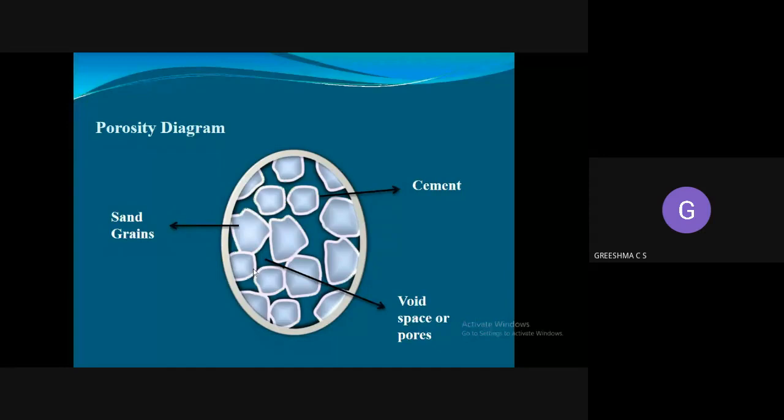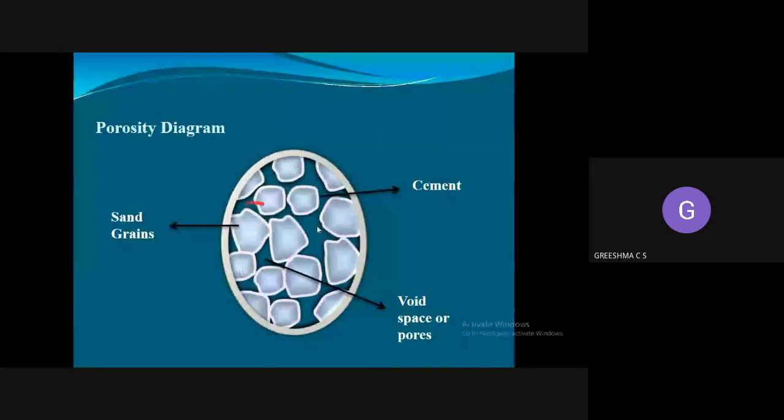If you take a sand bag, the shape of the sand will differ. Some grains will be very round, some will be angular, some will have sphericity. These different shapes and differences in the sphericity of the particles lead to void space.